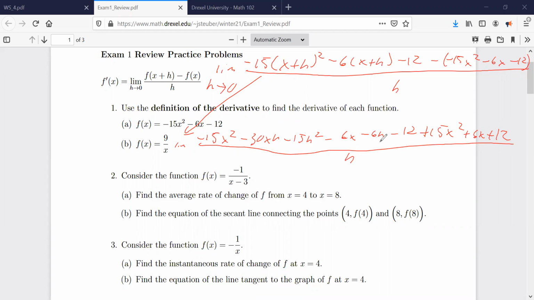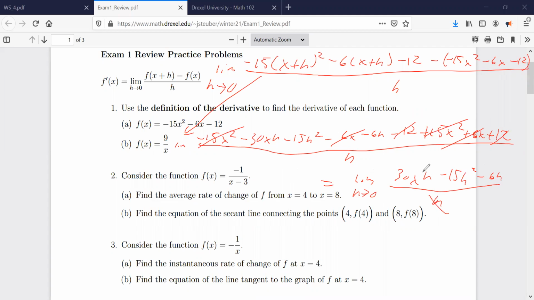What cancels? 15x squared, 12, 6x. Beautiful. Exactly. And then I am left with the limit as h goes to 0 of 30xh minus 15h squared minus 6h all over h.